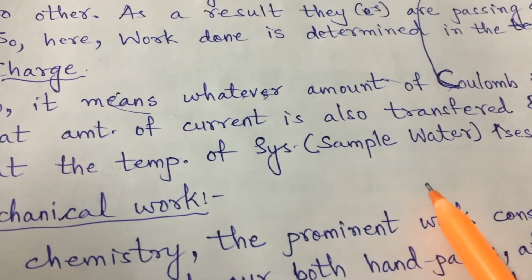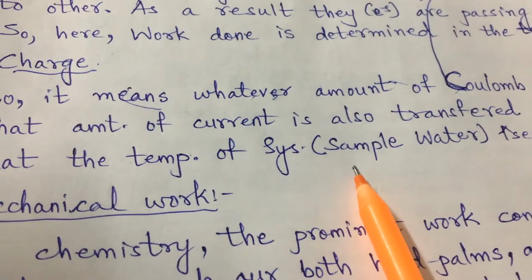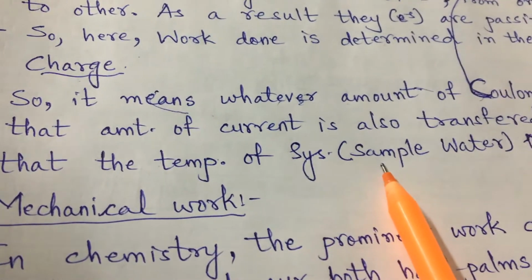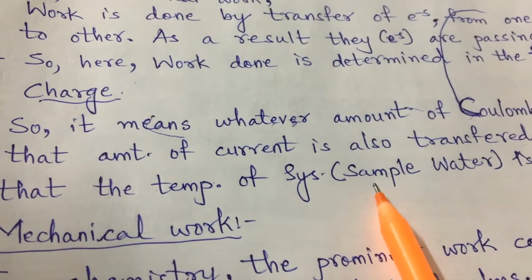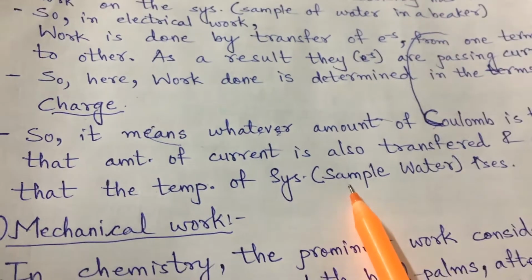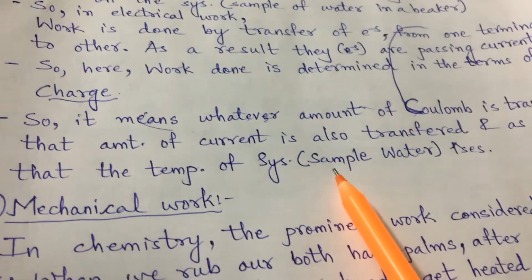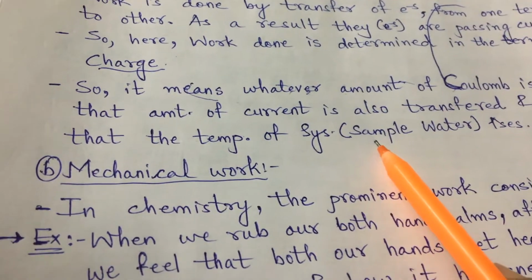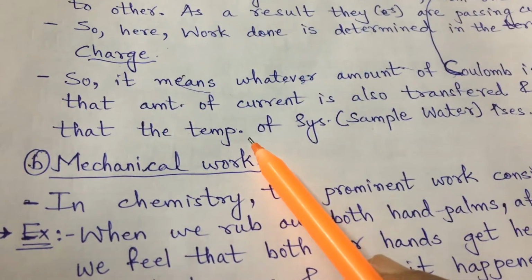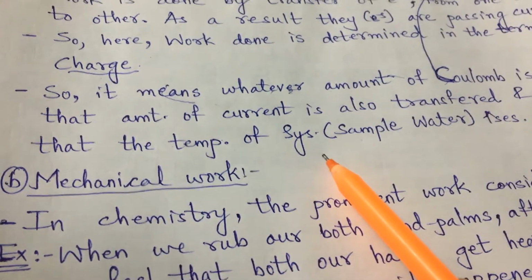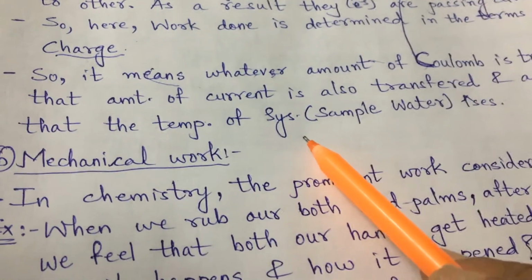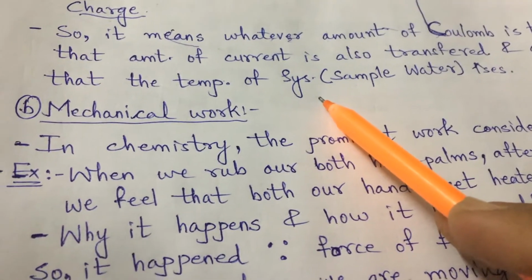Whatever the amount of electrons transferring from one terminal to another, that amount of charge is transferring, and the current is proportional to the increase in the temperature of the system. So this is how electrical work is carried out.